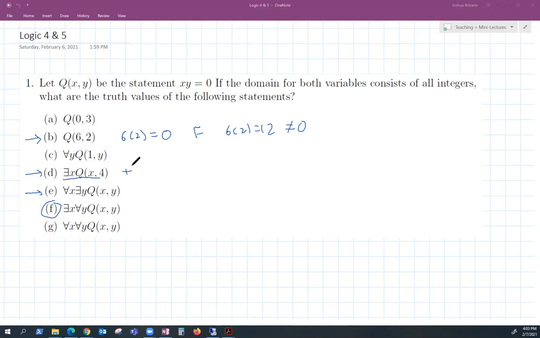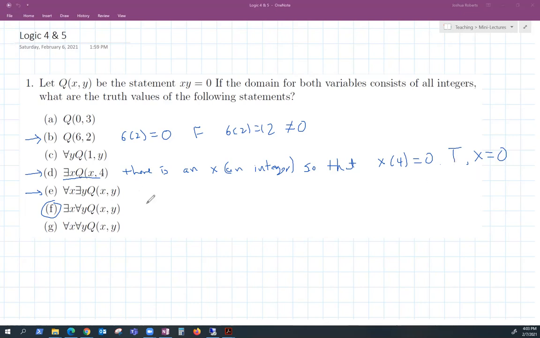So this says there is an x, an integer, remember these are all integers, so that x times 4 equals 0. Well, this is true. Just let x be equal to 0, because anything times 0 is going to give you 0, and 0 is an integer, so that one's true.